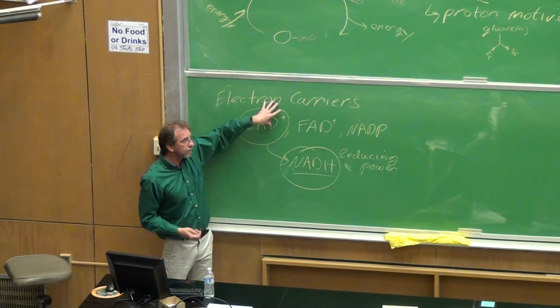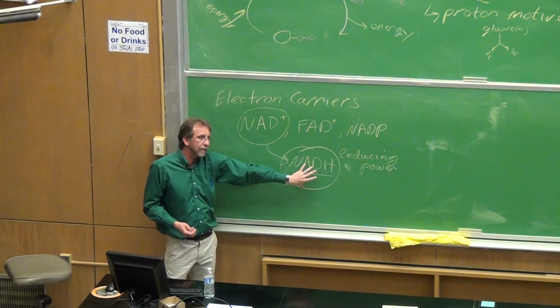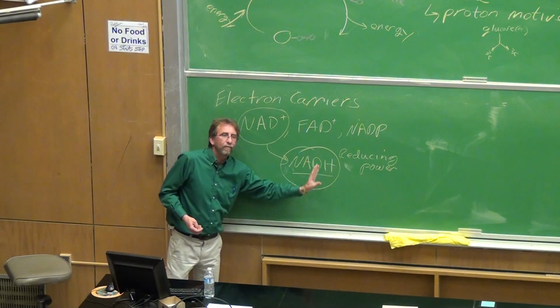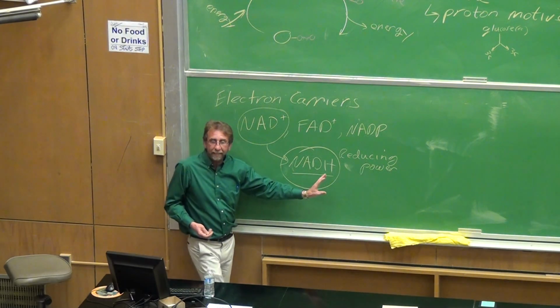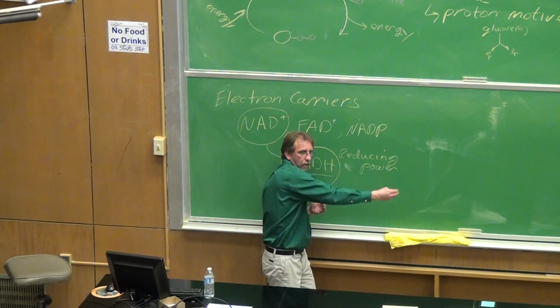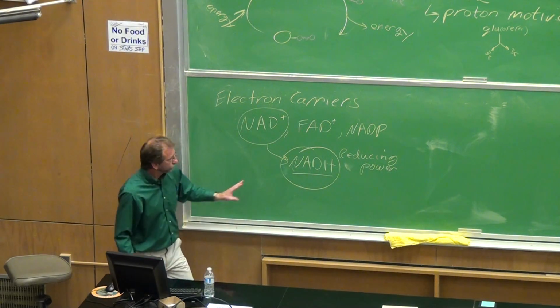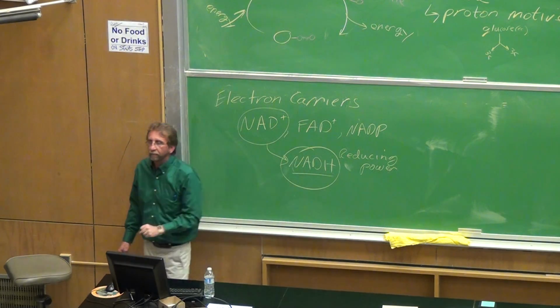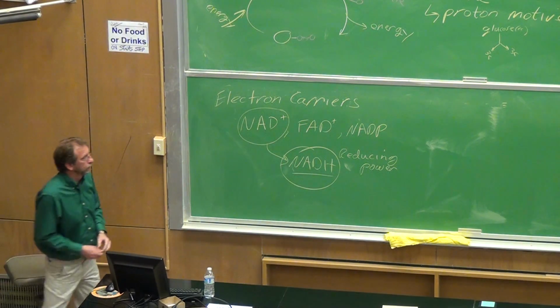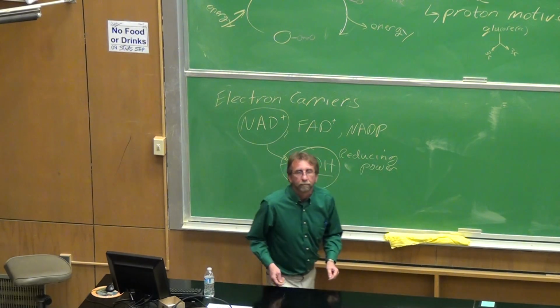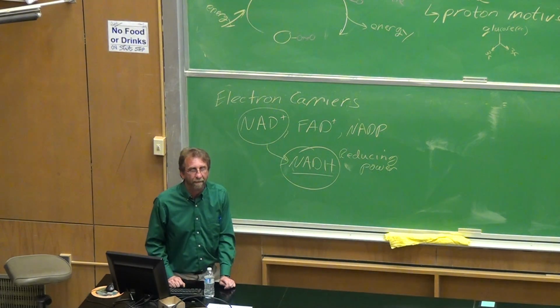So our electron carriers, when they've picked up those electrons, they've been reduced, they have reducing power, meaning that now they're a high energy molecule, and when they pass those electrons on, they'll be oxidized, but they'll be passing on the energy from those electrons. So whenever they have positive protons or electrons, they are high energy molecules?